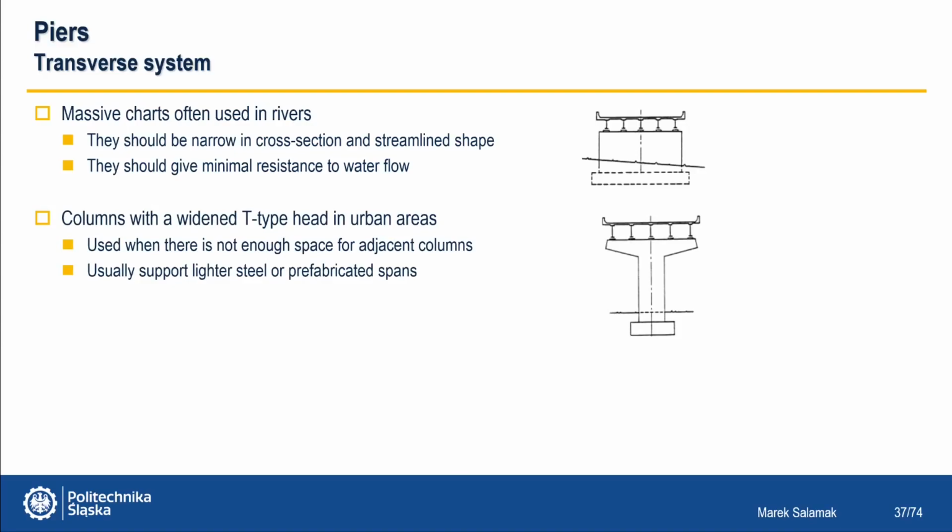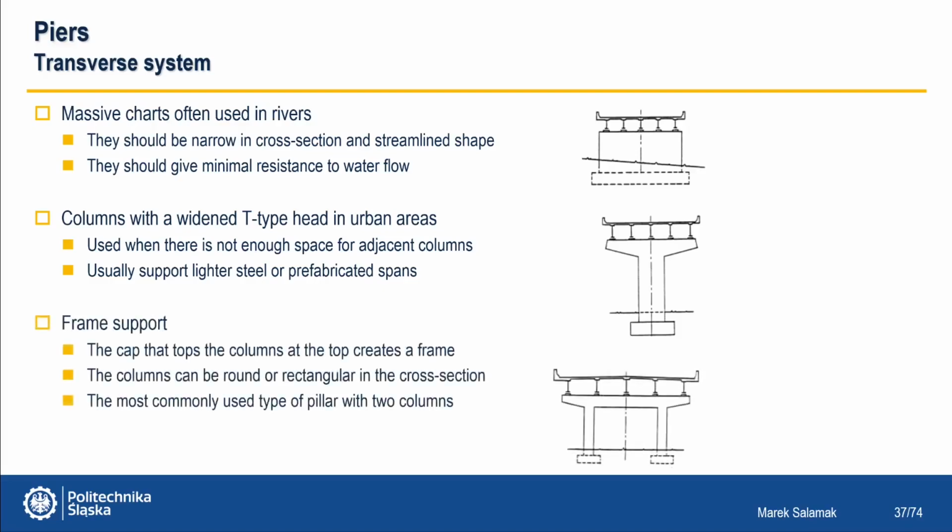In urban areas, we use columns with a widened T-type head or a cap. This solution is used when there is no space for adjacent columns. They usually support lighter steel or prefabricated spans. Frame supports are used for wider bridges.